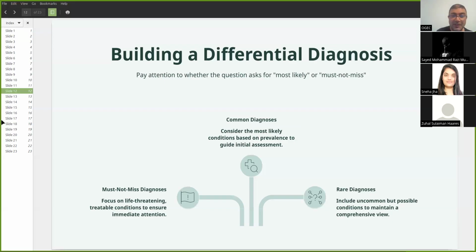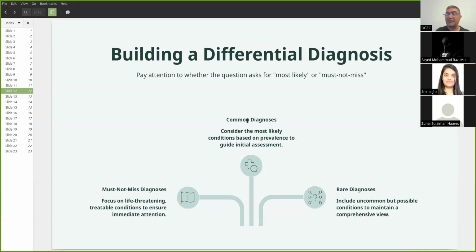So first we have to list the must-not-miss diagnoses in our mind. Is there a life-threatening condition? Treatable conditions that require immediate attention. These are the most important differential diagnoses that should be in our mind.